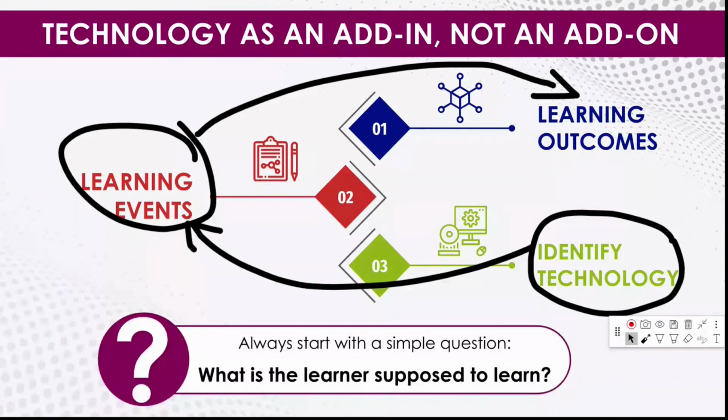And then a key thing to keep in mind is a simple question. We overcomplicate these things quite often. And that is, what is the learner supposed to learn? I want to pause with this question because I think we sometimes forget it.